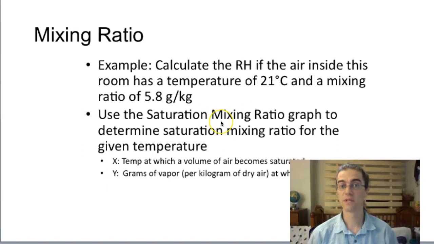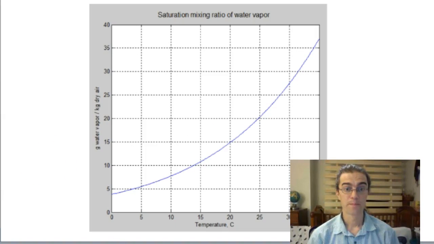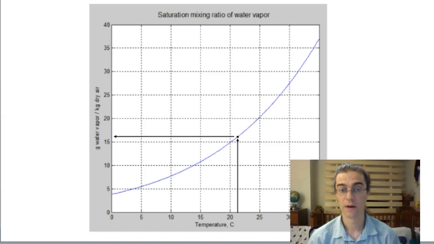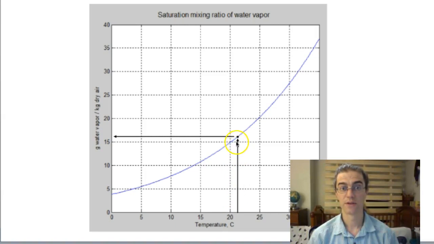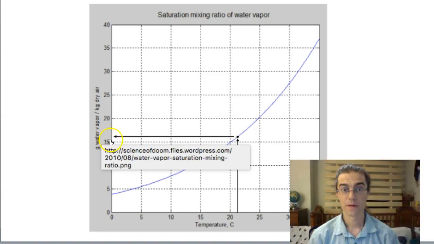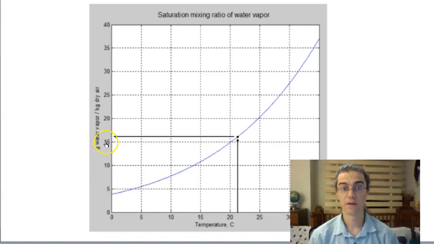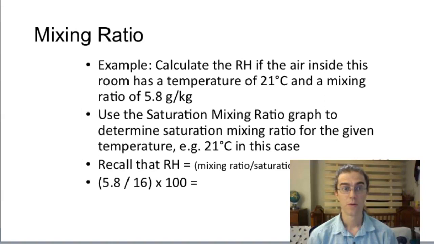Okay, so let's use the saturation mixing ratio graph to determine the saturation mixing ratio for a given temperature, in this case, 21 degrees. So we have our graph, and we've plotted the values here. We have 21 degrees and about 16 grams of water vapor per kilogram dry air.